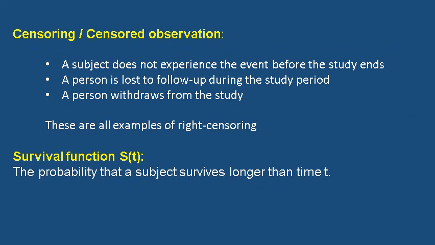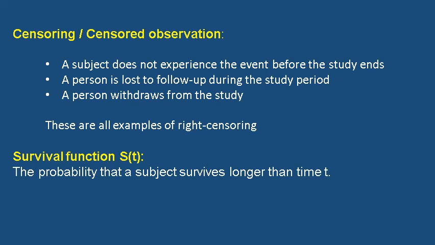Censoring or censored observation: a subject does not experience the event before the study ends. That is considered as censored or censoring. Second, a person is lost to follow up during the study period.